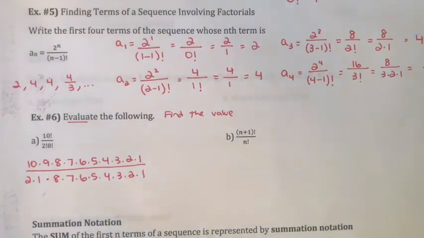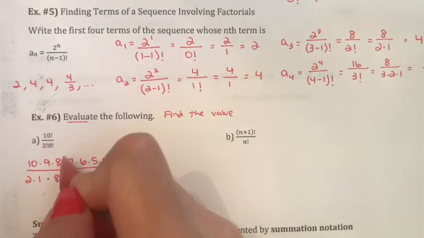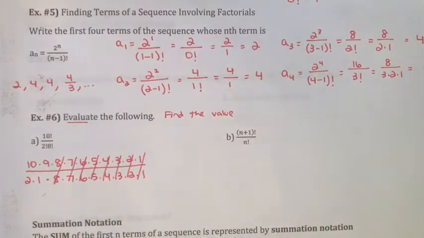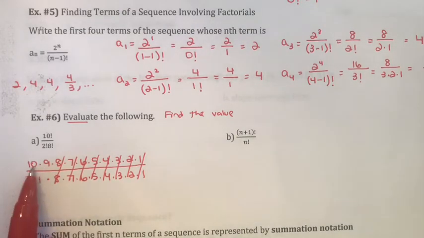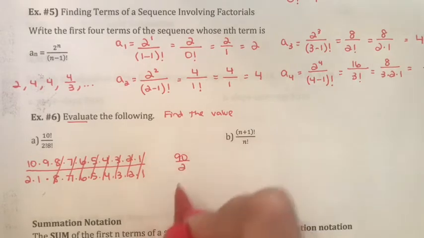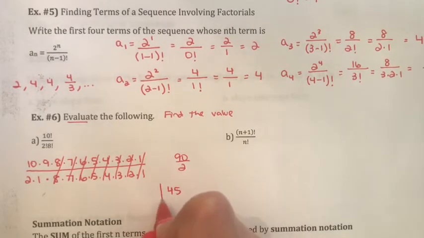Now what ends up happening is that you've got the same thing on top and bottom for all of these terms. So you'll notice that you're left with 90 divided by 2, which is just 45.